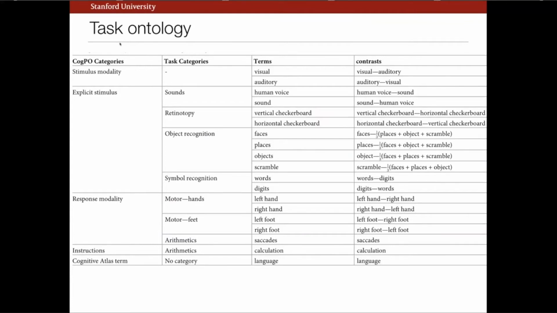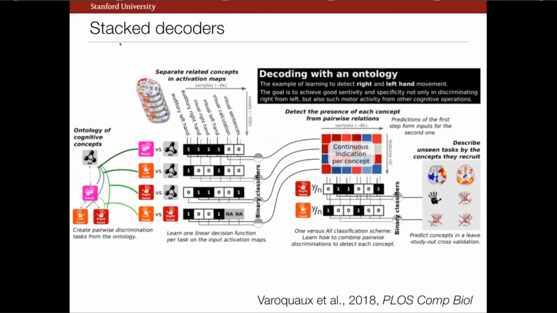And so we annotate each of the 30 task contrasts using these different ontological features, and then use a setup Gael and Yannick developed that they call stacked decoders, where the idea is basically for every one of the different features in the ontology, you develop a set of either one versus one or one versus all classifiers, and you try to learn each of those.